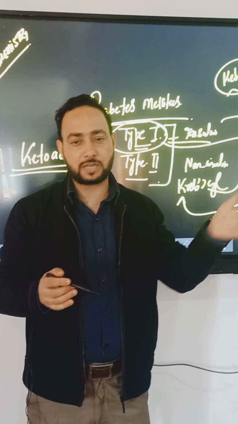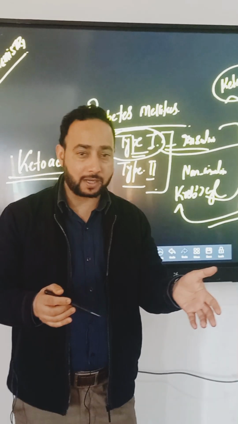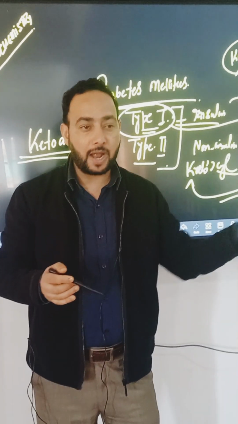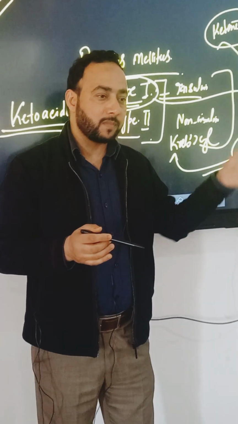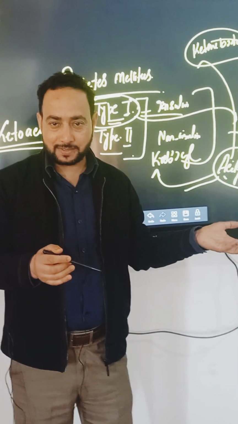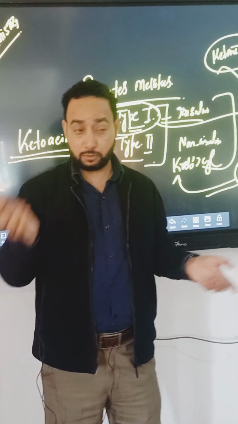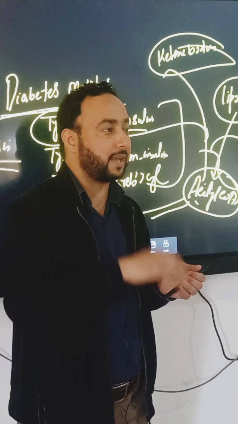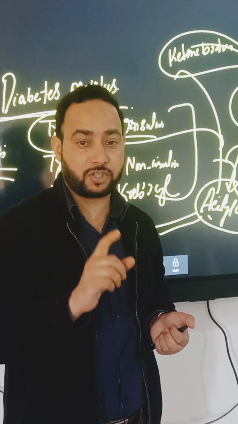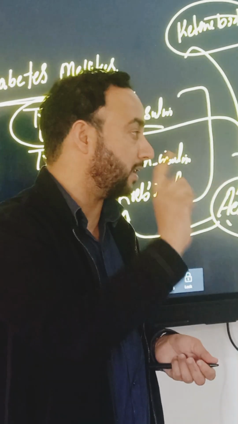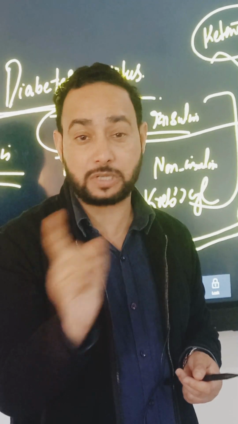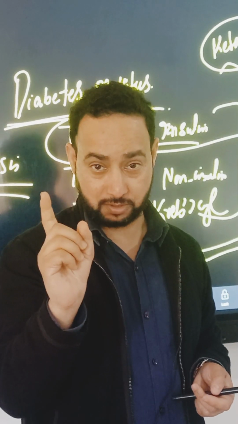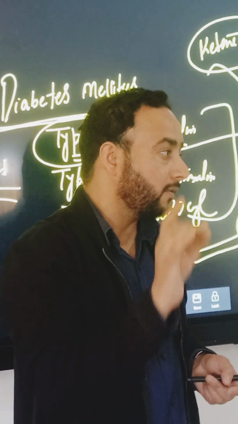The rest of the acetyl-CoA goes for the production of ketone bodies, and those ketone bodies in turn generate more H positive ions and lead to diabetic ketoacidosis. And one thing more I will emphasize here: when there is starvation, ketone bodies are also generated at that point of time, but starvation will never lead to diabetic ketoacidosis.